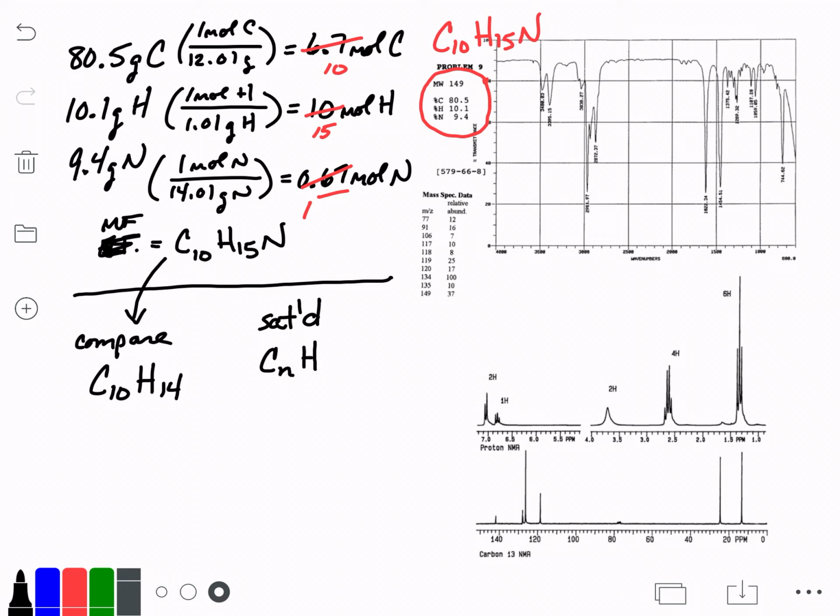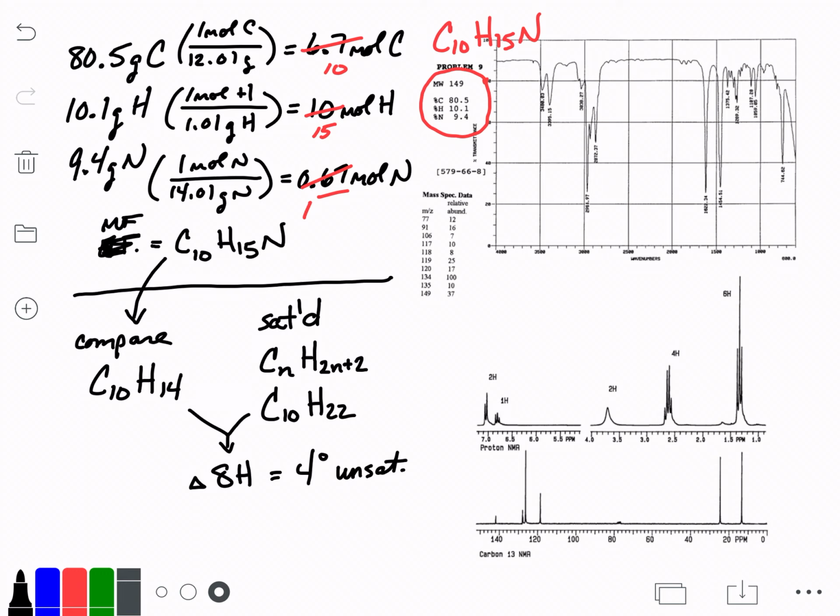So the sort of equivalent or comparison formula would be C10H14. If it was completely saturated, we know the rule says that we have 2 hydrogens for every carbon, plus 2 in a fully saturated molecule. And so our C10 would have to have H22. The difference then is that we're missing about 8 hydrogens, or 4 degrees of unsaturation.